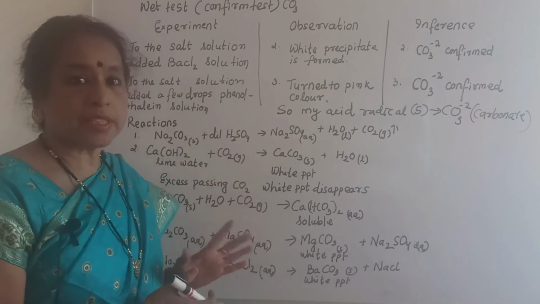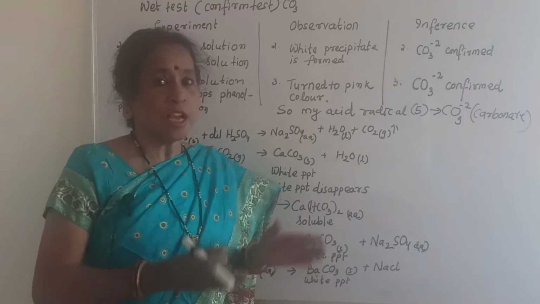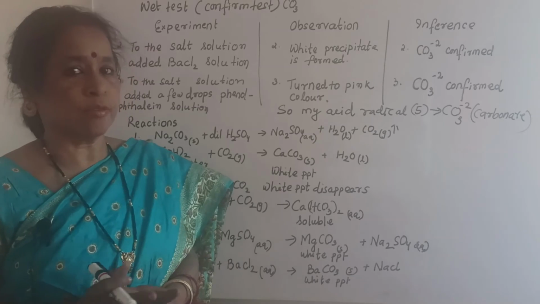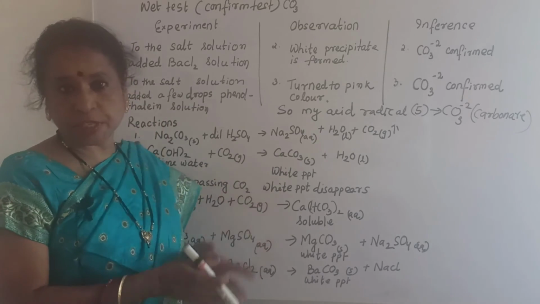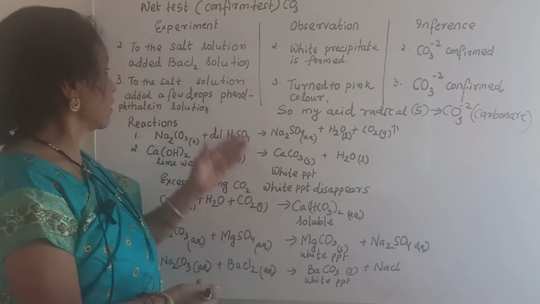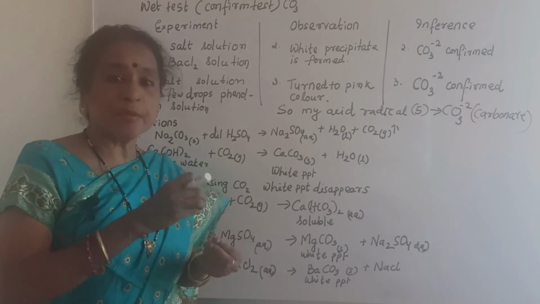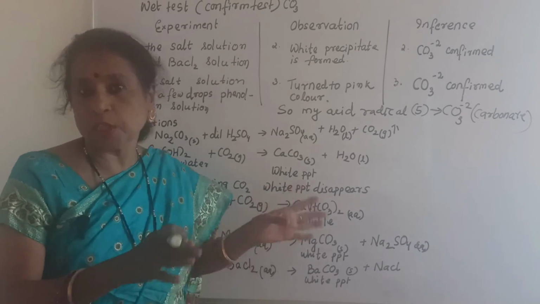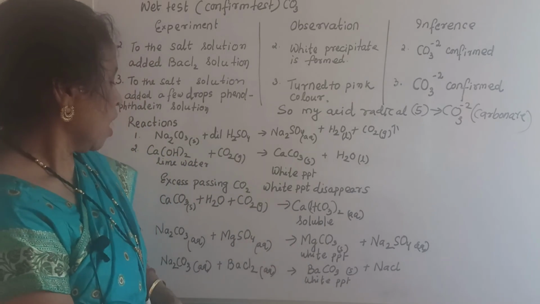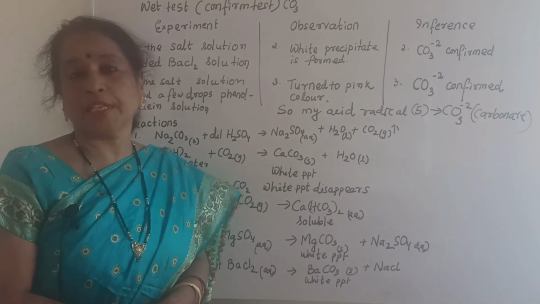Here I have done the first test, the magnesium sulfate test. Salt solution with magnesium sulfate solution gives a white precipitate, due to formation of magnesium carbonate. In the next test, barium chloride solution is added to the salt solution. Then what happens here? Barium carbonate, a white precipitate, is formed.